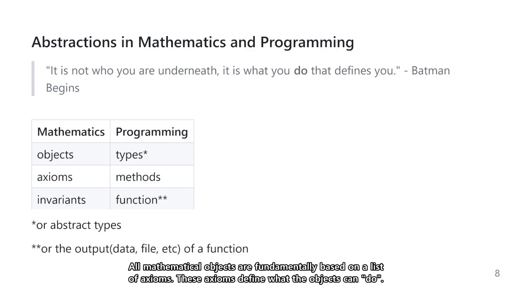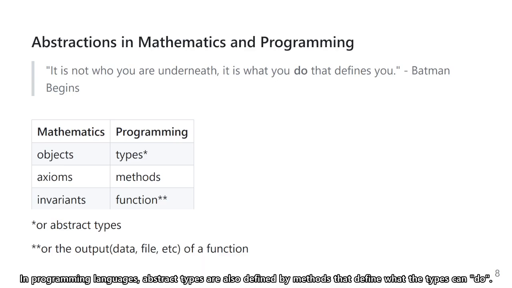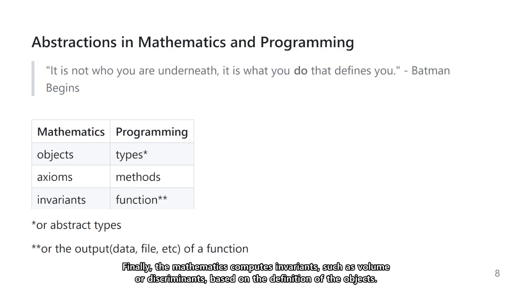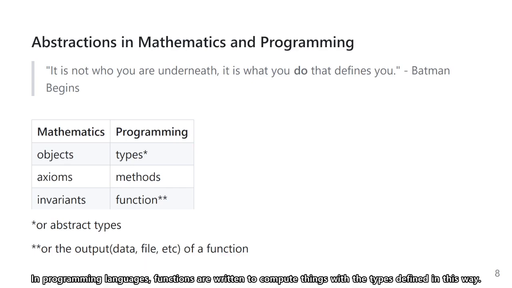These axioms define what the object can do. In programming languages, abstract types are also defined by the methods that define what the types can do. Finally, mathematics computes invariants such as volume or discriminants based on the definition of the objects. In programming languages, functions are written to compute things with the types defined in this way.